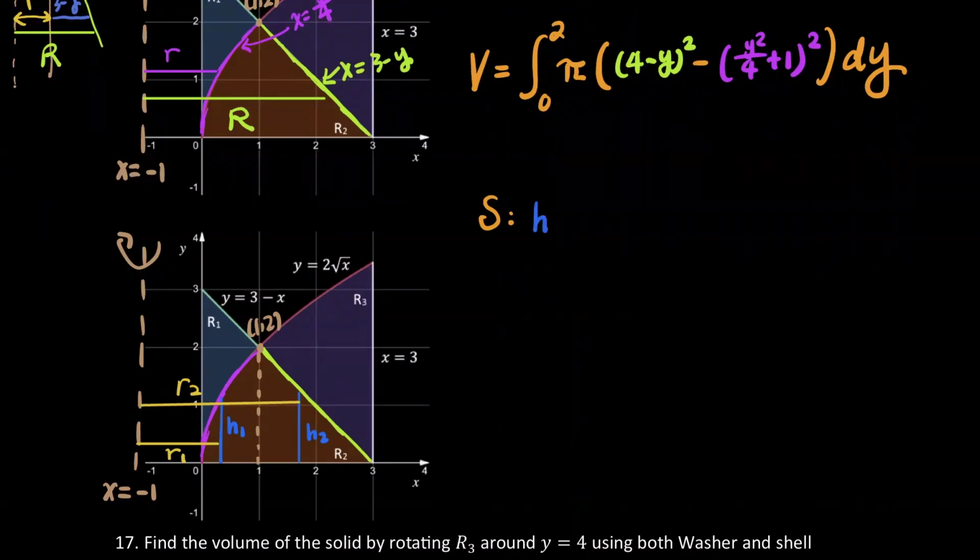Okay, so height number 1, it's simply the pink function, which is 2 root x. Height number 2 is the green function, which is 3 minus x.